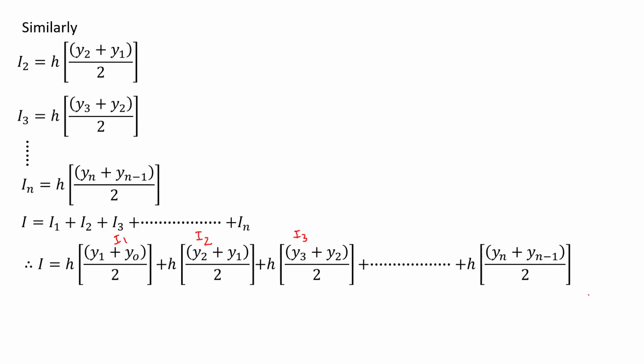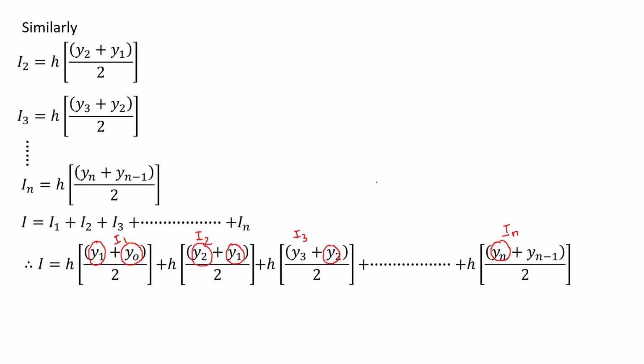Now if we simplify this, you will see that the first value y naught and the last value yn appear only once. Y1 appears twice, once in I1 and once in I2, and y2 also appears two times.